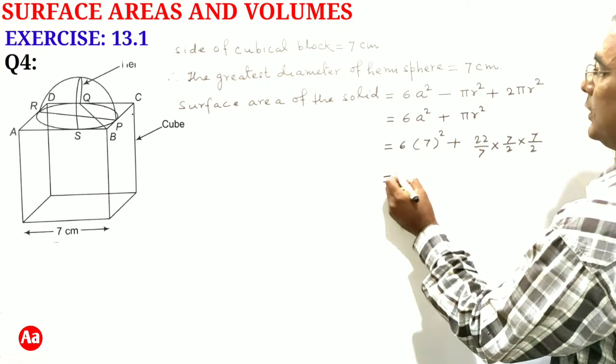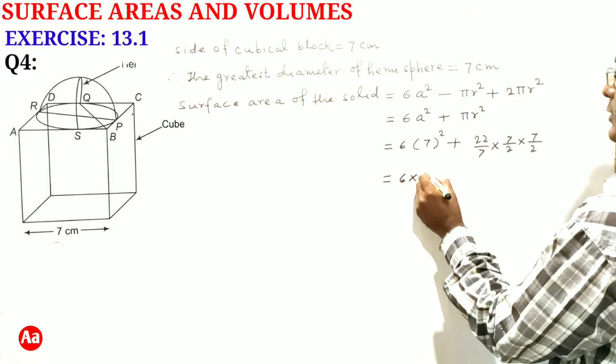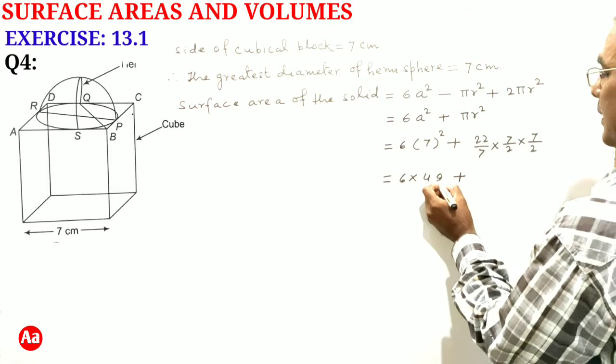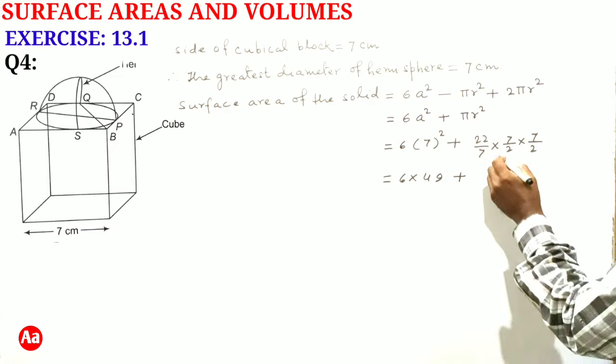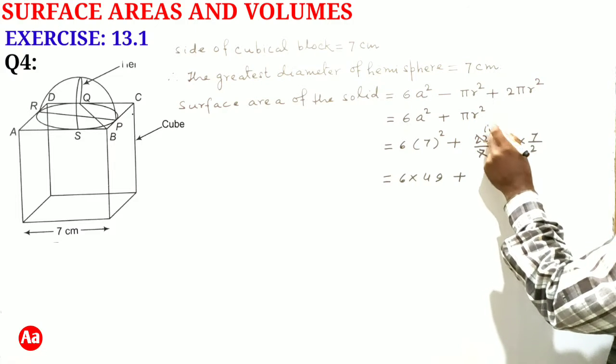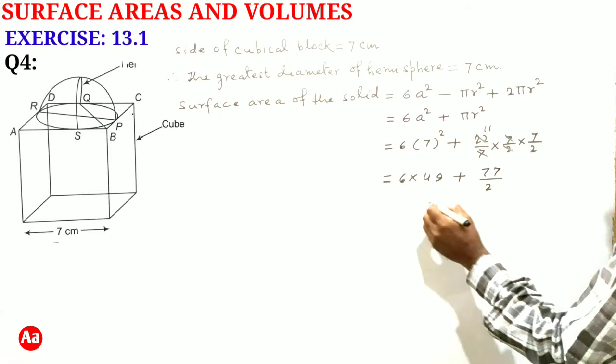This is equal to 7 square, 49, into 6, plus, this 7 cancels, 2 times 11 is 22, 11 into 7 is 77 by 2.